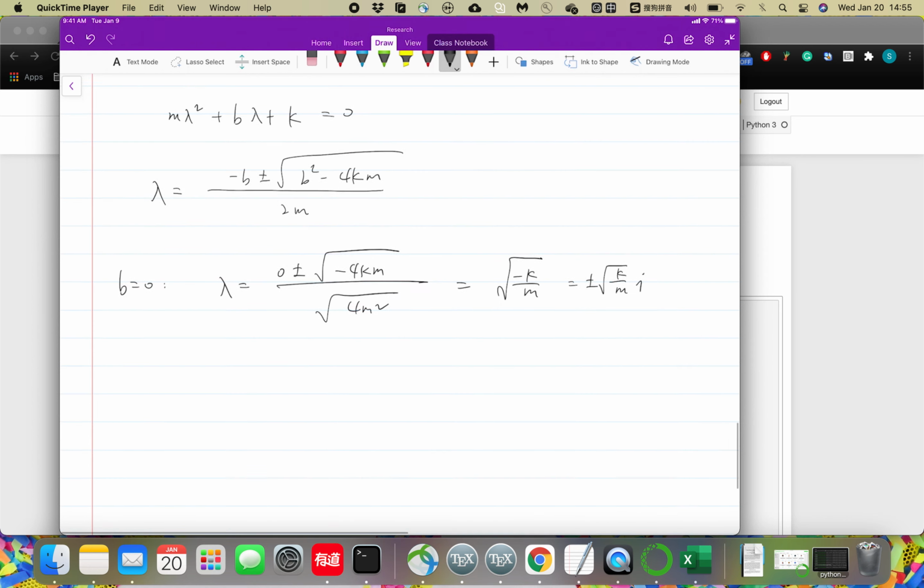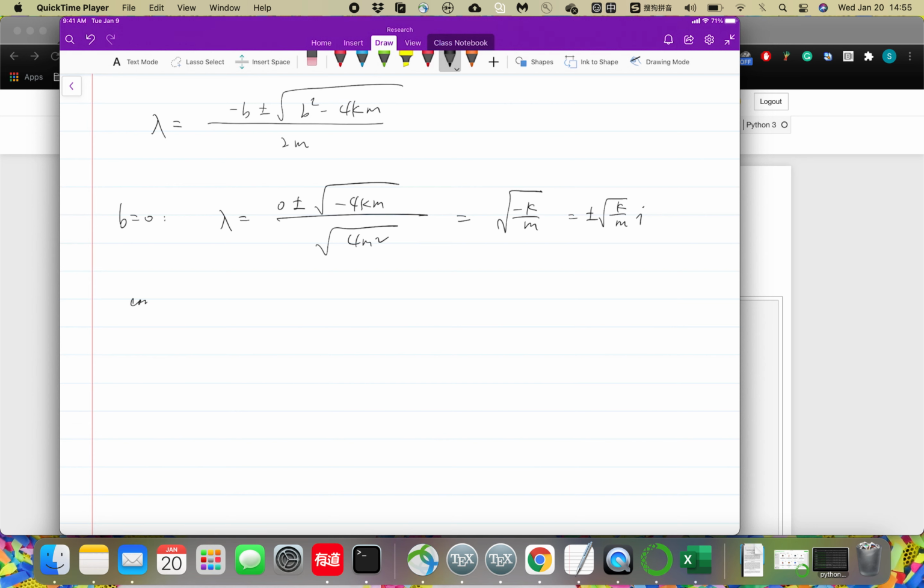Okay. So this corresponds to what? This corresponds to complex eigenvalue. Okay. Moreover, your A, which is your real part, is equal to 0. Therefore, it's gonna be a center. It's not gonna be a spiral source or sink. Okay.